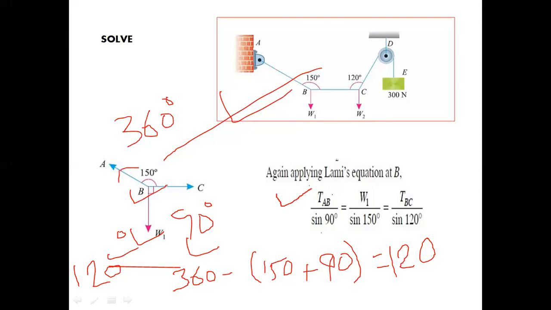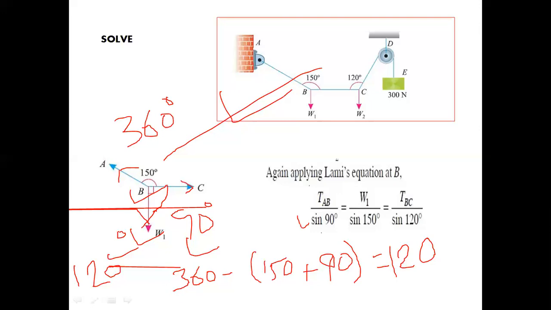So tension TB here, then another portion, sine 90 degrees. According to Lami's theorem, if we take tension AB in this direction, then the other two forces, this force and this one, and the angle between them is how much? It's 90.